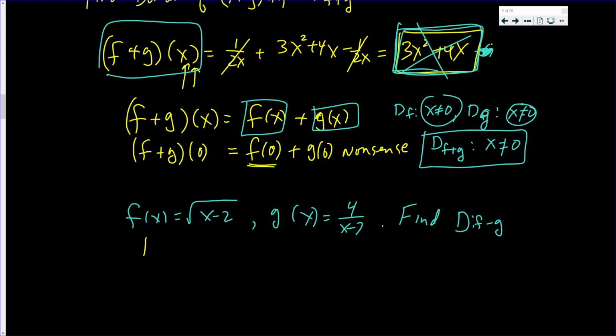So, the domain of f is what's under the radical has to be at least 0. That is, x has to be at least 2. And the domain of g is you can't divide by 0. X minus 7 cannot be 0. That means x cannot be 7.